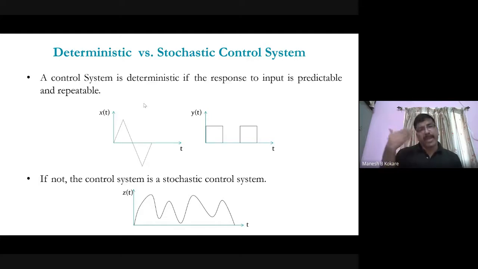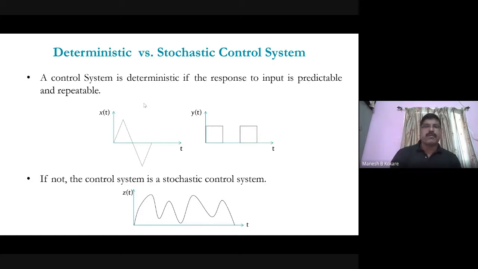You can predict the value of the output, or if you know the current and resistance, you can predict the value of voltage, or if you know the current and voltage, you can find the value of resistance, and so on. The system's output is predictable and repeatable.